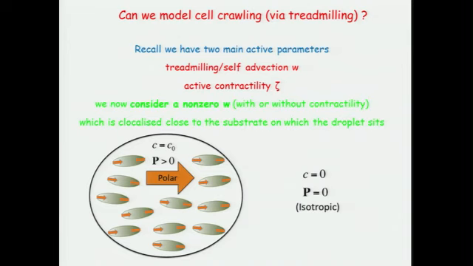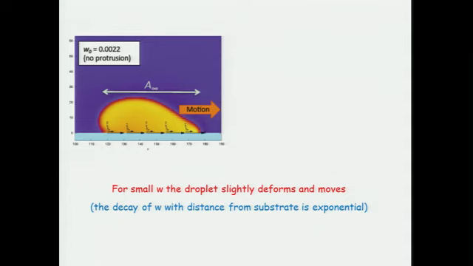So now I want to discuss the other case. What I want to do now is the actomyosin droplet, in which, instead of having contractility, I switch off contractility for the moment and I have treadmilling.